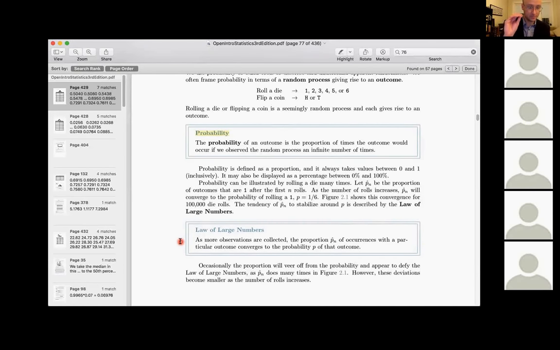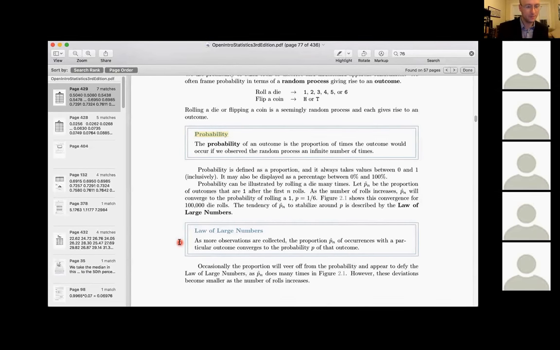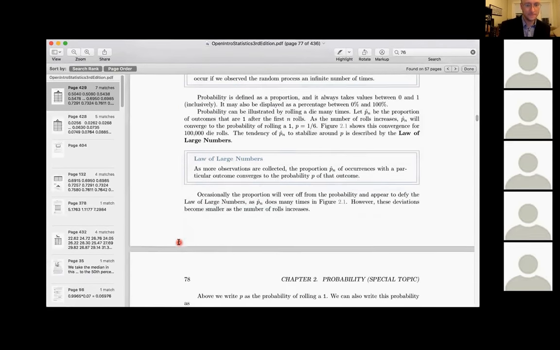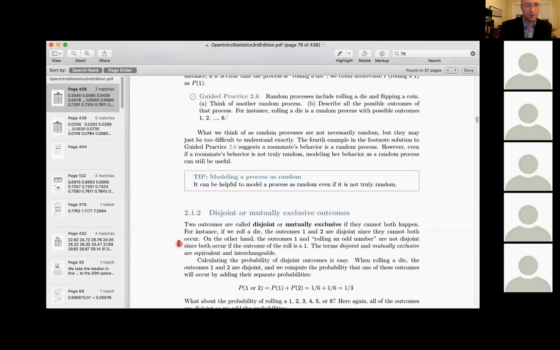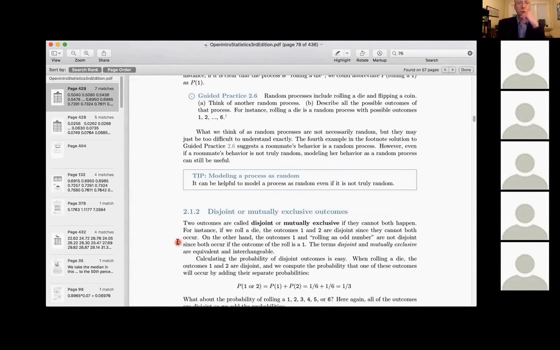So unfortunately, if you go to a casino and you have to learn by trial and error, that will cost you a lot of money. Fortunately, by taking this class, you won't have to learn by trial and error. You will be able to take a principled guess or estimate based on the rules of probability.